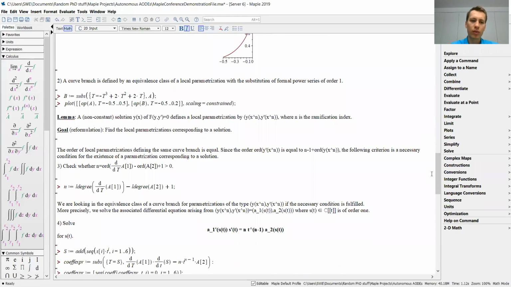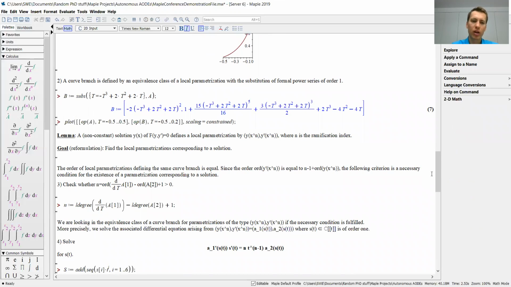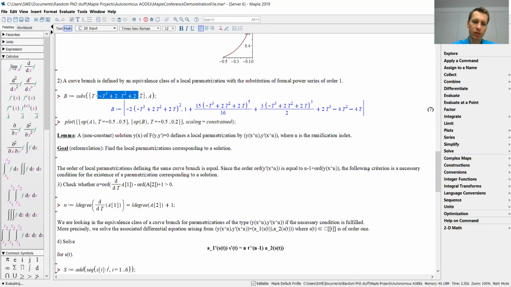Now it's good to know that a curve branch is defined by an equivalence class of local parametrizations. So if you substitute with a formal power series of order 1, you get geometrically the same object. This is shown here when we substitute with this formal power series.